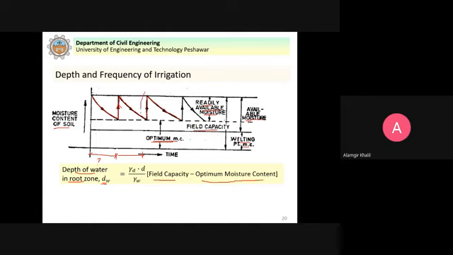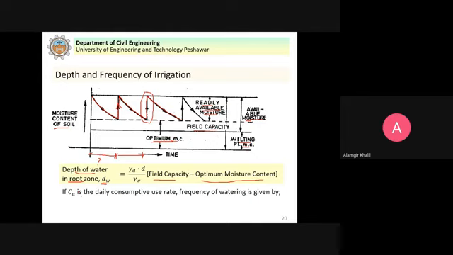This is the moisture that is taken up by the plants easily, because if the moisture content goes below this optimum level, then it will start affecting the crop yield. So it should not be allowed to reach the wilting point, because at this soil moisture the plant will wilt up, become weak, and if no water is supplied, then eventually the plant will die.